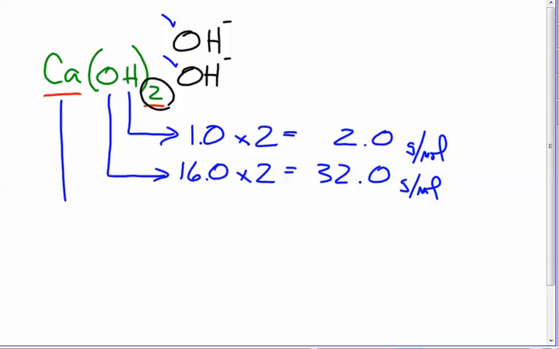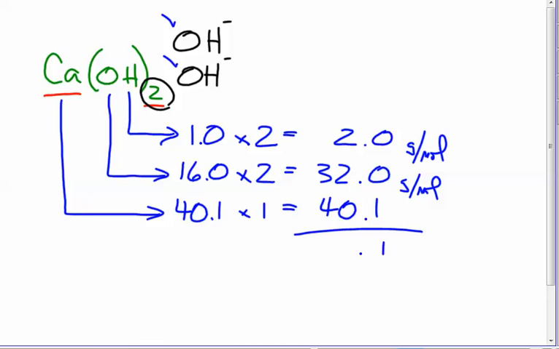Now when we get to the calcium, we only have 1 of the calciums in this particular compound, so we don't have to multiply that. And so we just add them up, and we notice that we have 74 grams per mole for calcium hydroxide.